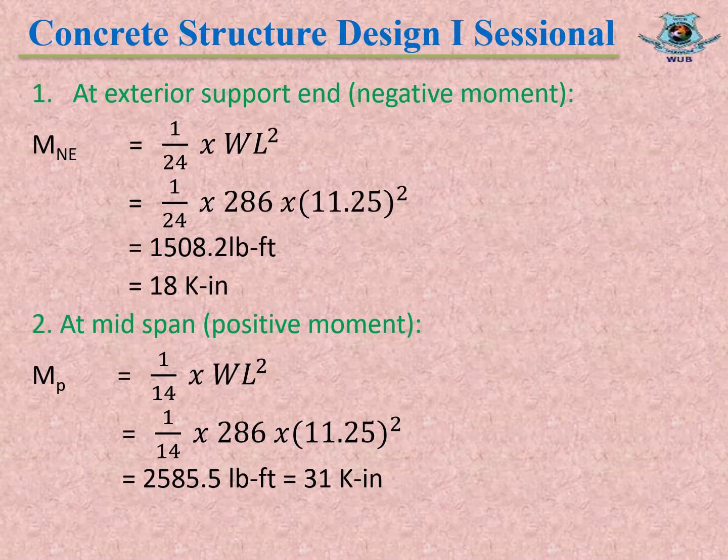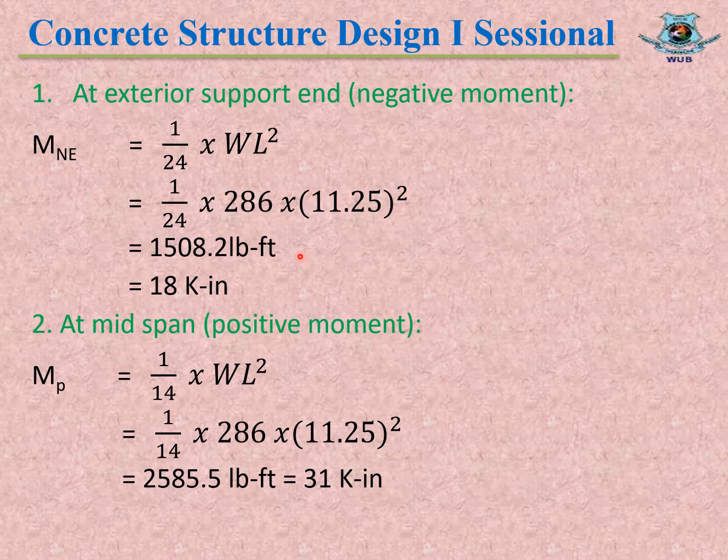At exterior support end, negative moment Mne equal to 1 by 24 into wL square. 1 by 24 as shown in previous slide. Here w equal to 286 pound per feet, L equal to 11.25 feet.